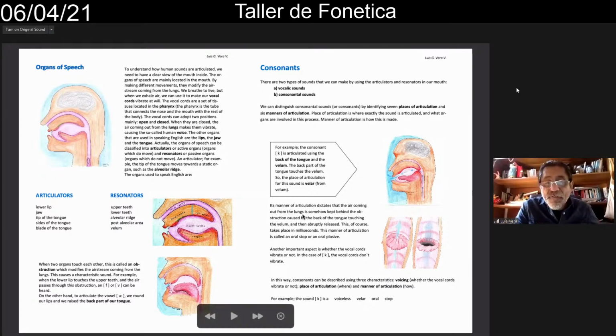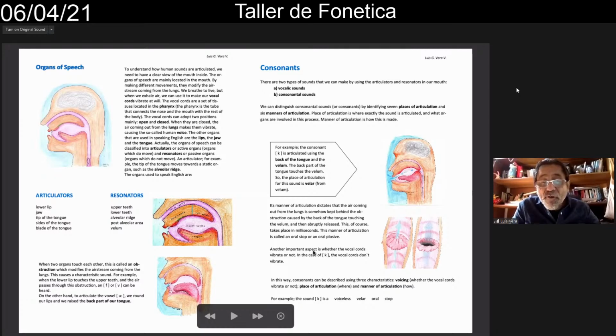Its manner of articulation dictates that the air coming out from the lungs is somehow kept behind the obstruction caused by the back of the tongue touching the velum, and then abruptly released. This, of course, takes place in milliseconds. This manner of articulation is called an oral stop or an oral plosive.